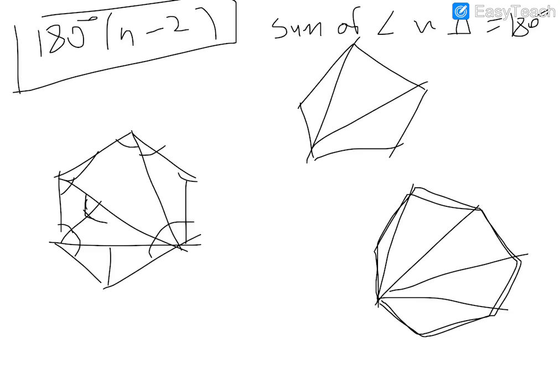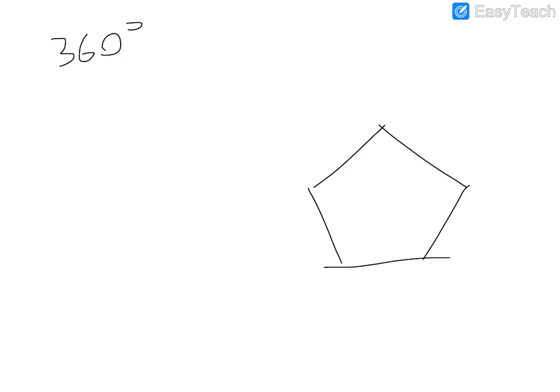So now that we have this general rule, let's also prove the exterior angles of a polygon. The sum of all exterior angles in a polygon is 360 degrees. Now there is a way to prove this. So let's give you a shape like this here.